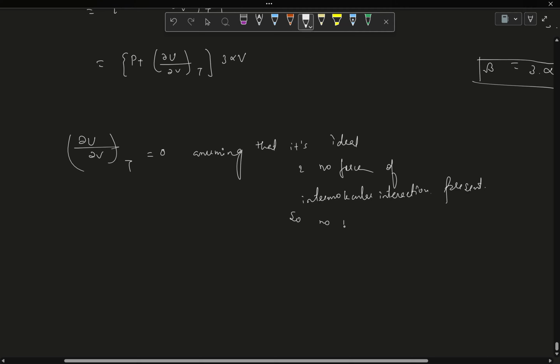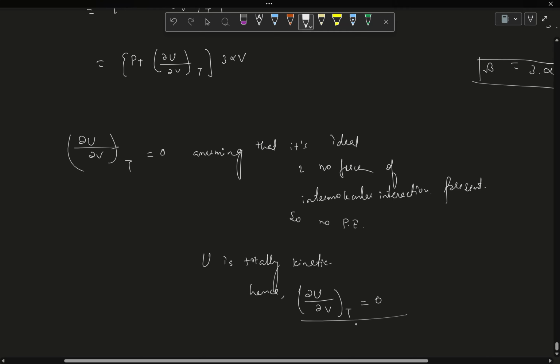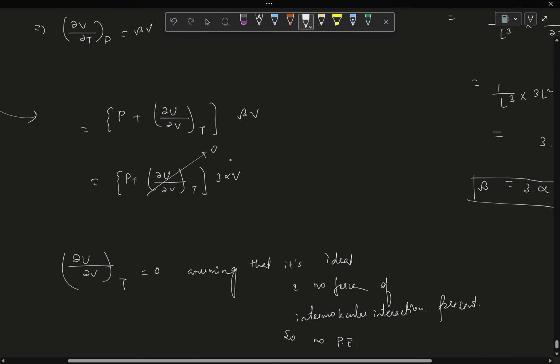So no potential energy PE. U, the internal energy, is totally kinetic, and hence it will not depend on the volume or whatever in the system, because it is only dependent on temperature, right? So then this is 0. So from here we get this term 0, and we are only getting 3 alpha PV.